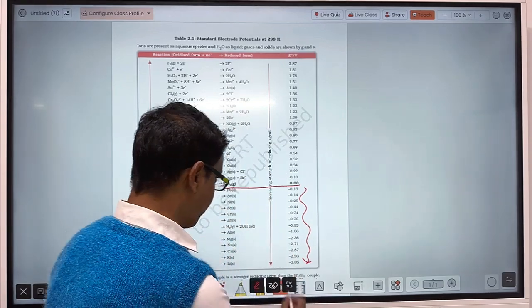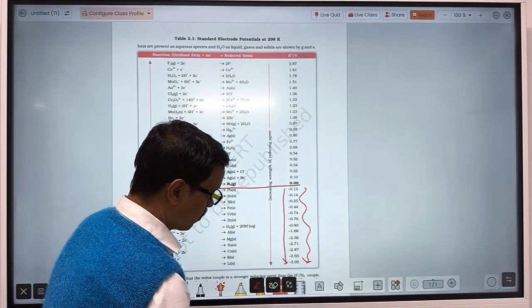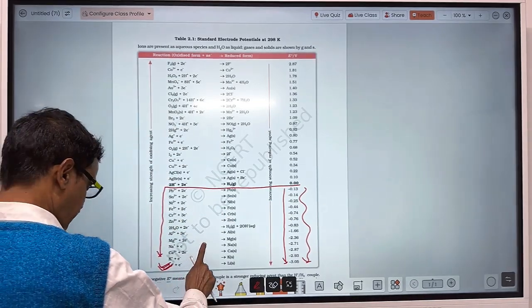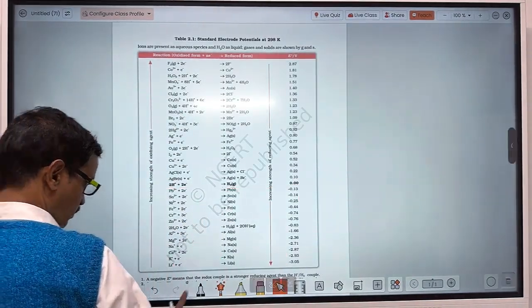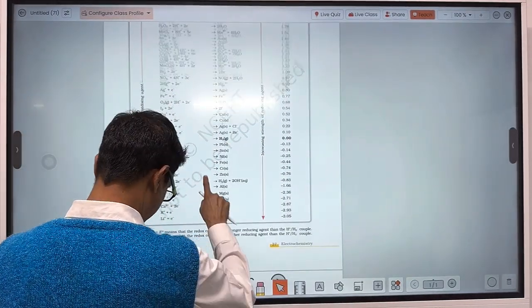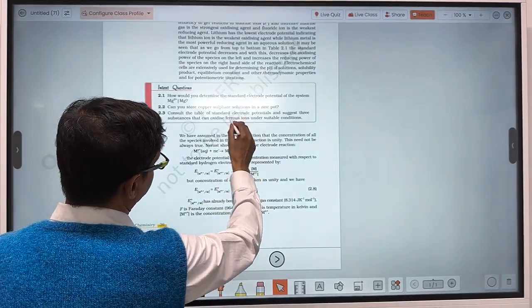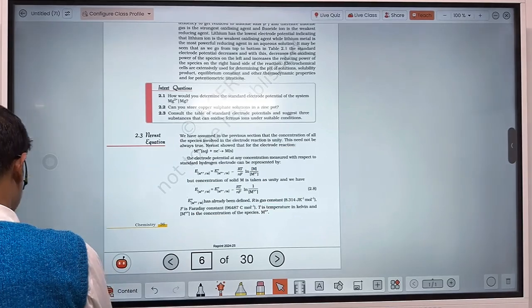Next point: the more negative the standard electrode potential, the greater the tendency to get oxidized. What was the question? You have to consult this table and find out which can oxidize ferrous ions.